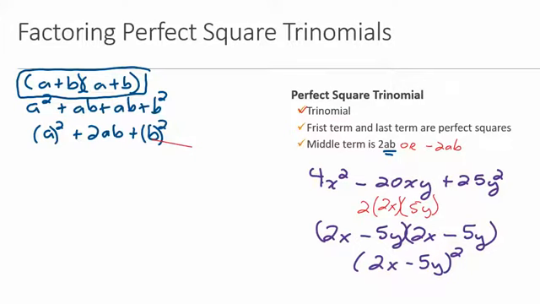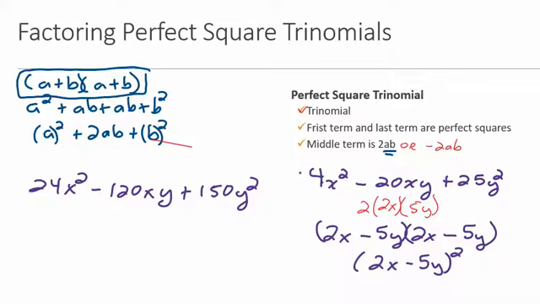Let's say I had 24x squared minus 120xy plus 150y squared. Oh my gosh, if I saw that for factoring, I would think those numbers are big and they have a lot of factors and this is going to be tough.